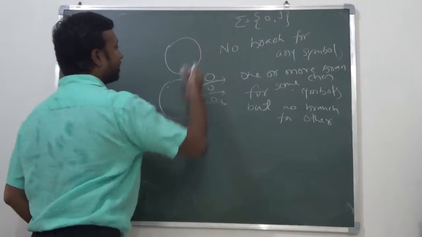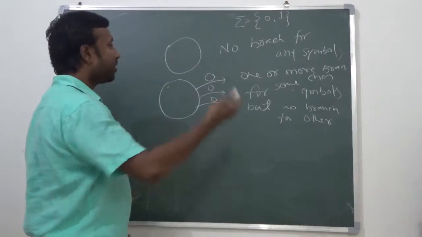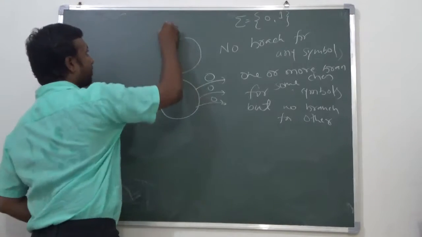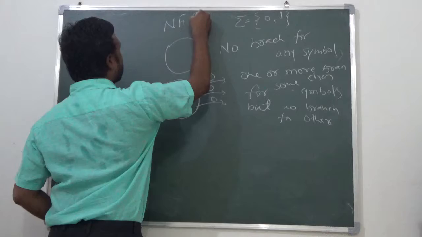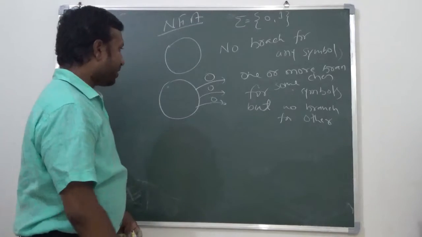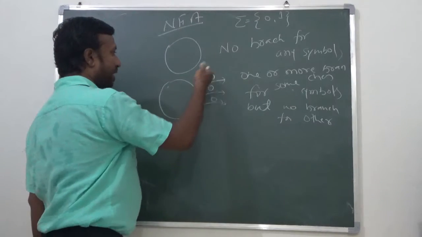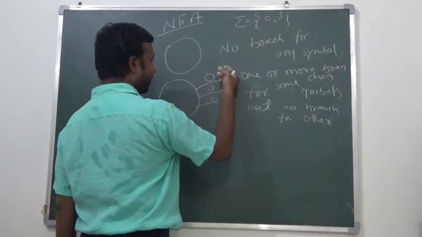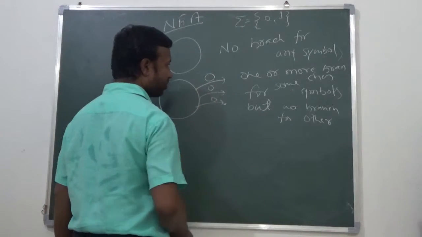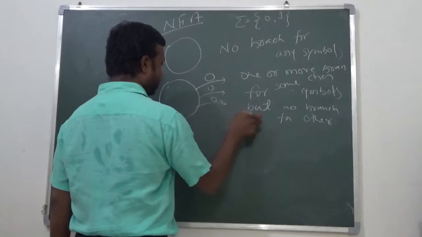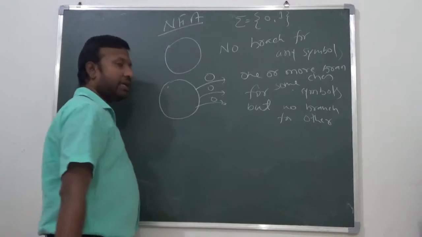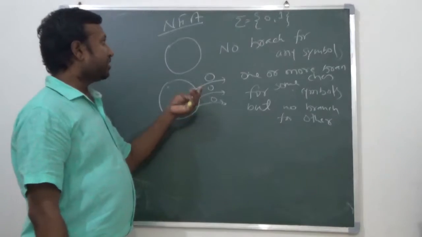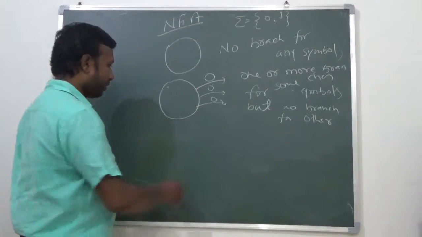Either we don't have any branch, that also comes under the category of non-deterministic finite automata. But there is another thing: we have one or more branches for some symbols. Say here we have more branches for 0, but no branch for 1. In that case it also comes under the NFA.